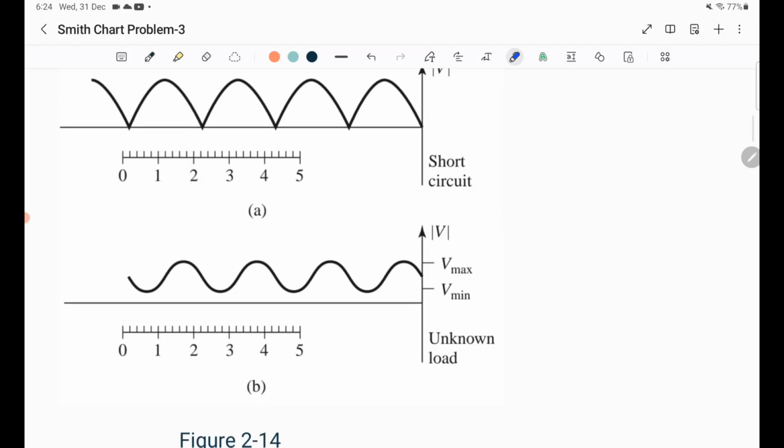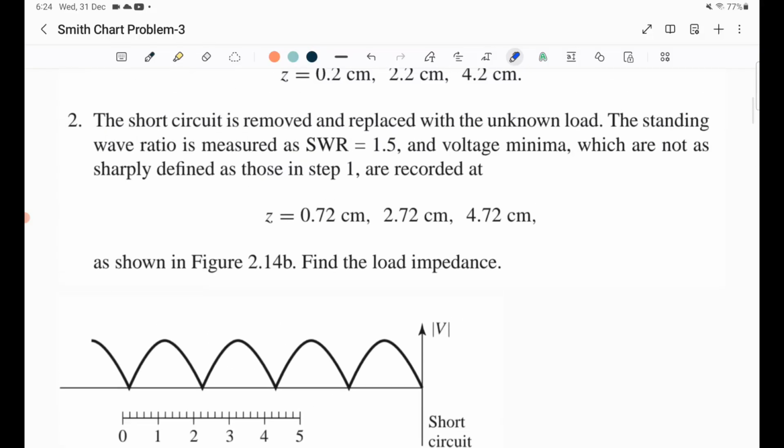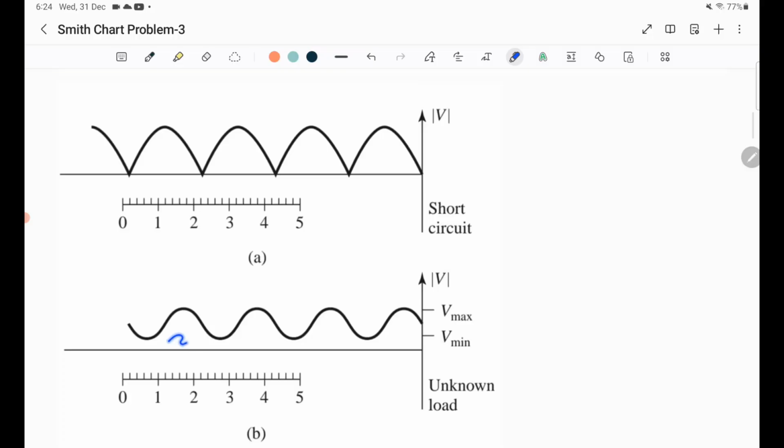And in the case of the unknown load, the value of SWR is given as 1.5. Why? Because the load impedance is no more a short circuit, it is some complex value. So the voltage minima are not as sharply defined and they are recorded at 0.72 centimeter, 2.72 centimeter and 4.72 centimeters.